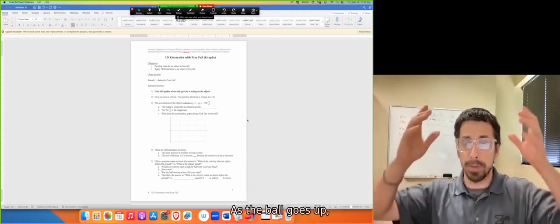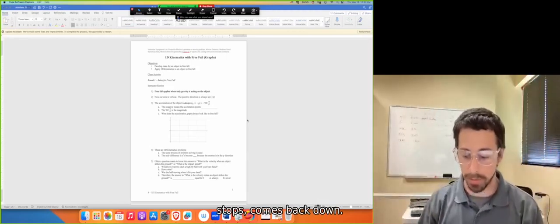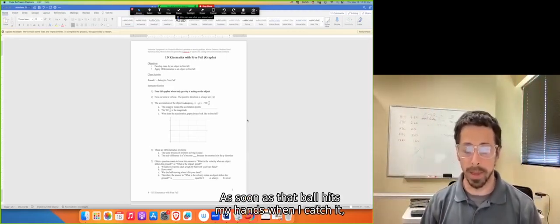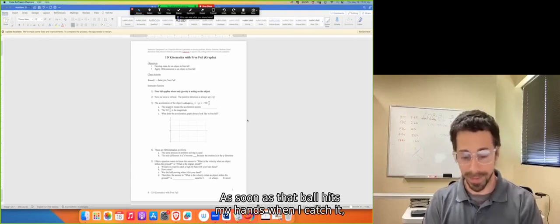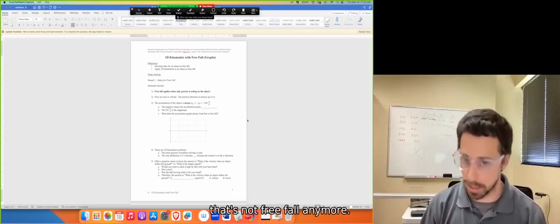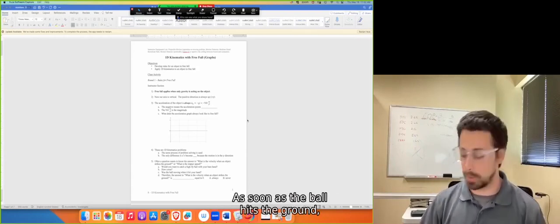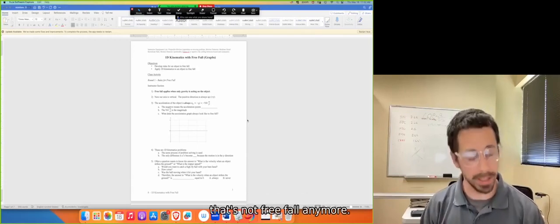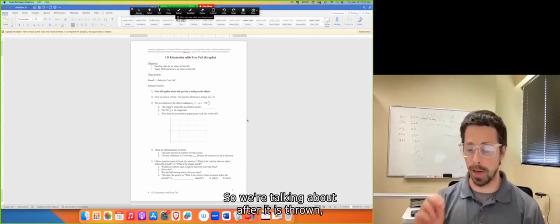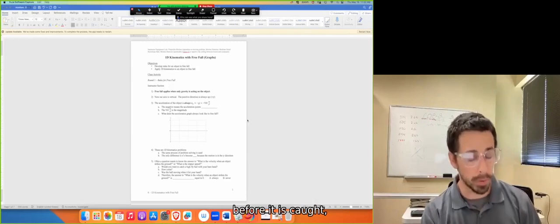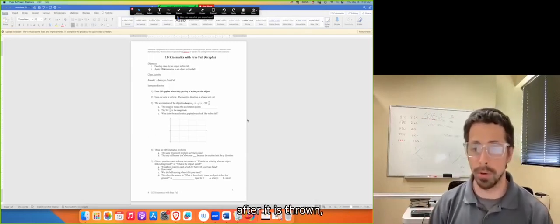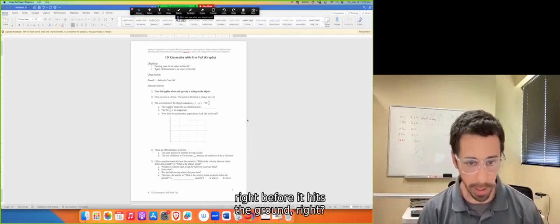As the ball goes up, stops, comes back down, gravity is only acting on it. As soon as that ball hits my hands when I catch it, that's not free fall anymore. As soon as that ball hits the ground, that's not free fall anymore. So we're talking about after it is thrown, before it is caught. After it is thrown, right before it hits the ground.